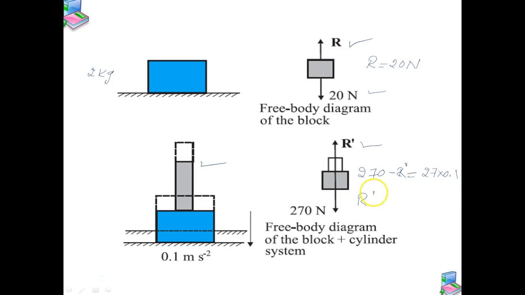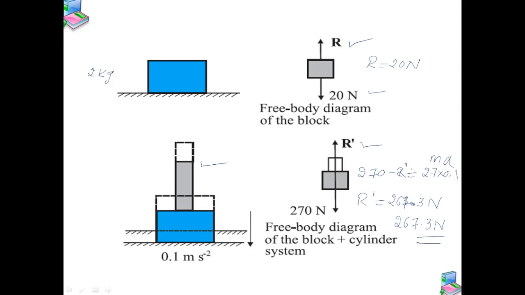That is, R dash is equal to 267.3 Newton. That 27 is nothing but mass, and 0.1 is acceleration. This is m and this is a. So according to the second law, we get 270 minus R dash is equal to 2.7, so R dash is 267.3 Newton.